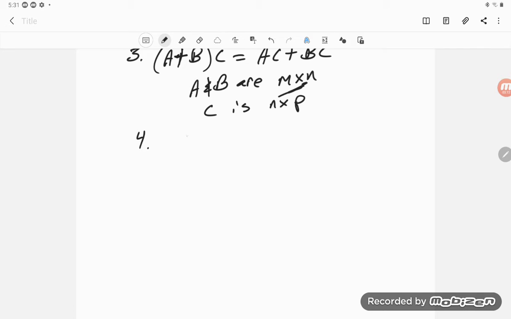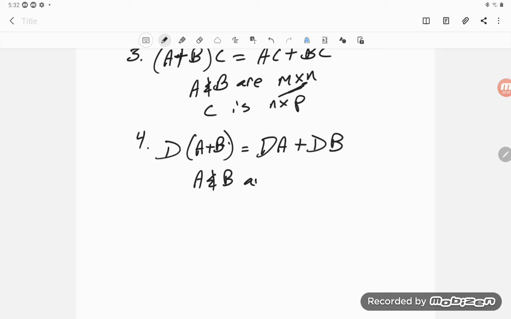And then 4 is just a rehash of 3, except it's from the other side. Why they switched to a D, I'm not sure, but D times (A plus B) is equal to DA plus DB. But there is a little bit of difference here. A and B have to be the same size again, m by n, and then D is, in this case, p by m.